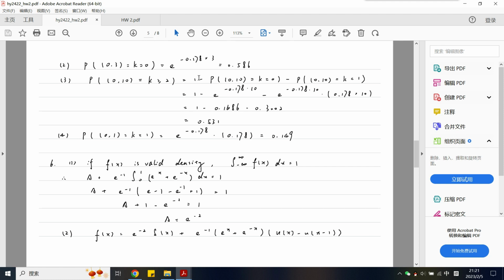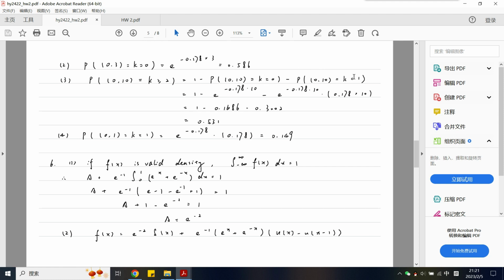So we can change this formula: the probability that in 10 minutes there will be at least 2 customers becomes 1 minus the probability that in 10 minutes no customer will arrive, minus the probability that in 10 minutes there will be only one customer.